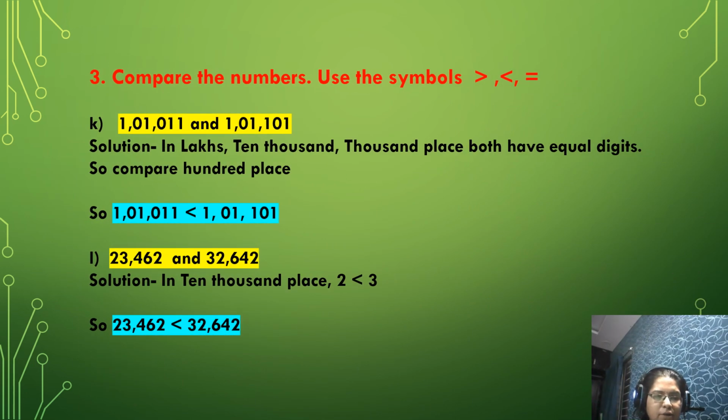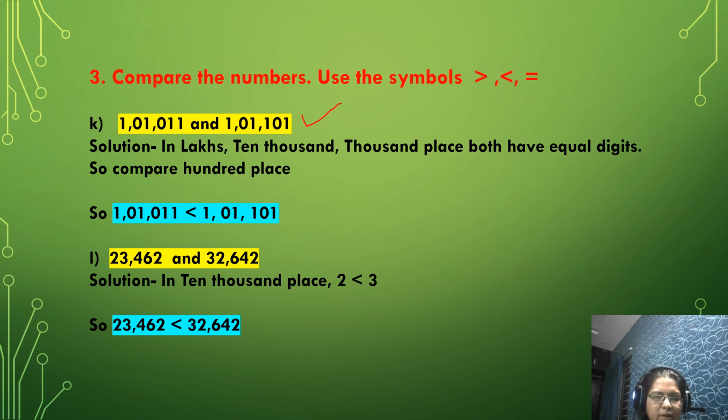Now we will compare the numbers 1,01,011 and 1,01,101. We read these numbers as 1,01,011 and 1,01,101. In the first number, in the lakh place, digit 1 is there.